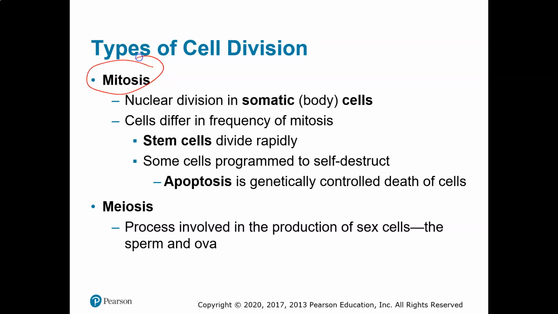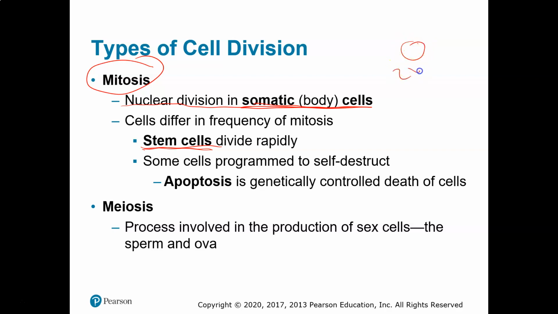Mitosis is defined as the nuclear division of somatic or body cells. This would be any cells besides the cells that produce sperm and egg. Stem cells are cells that divide rapidly. There are embryonic stem cells like the zygote.